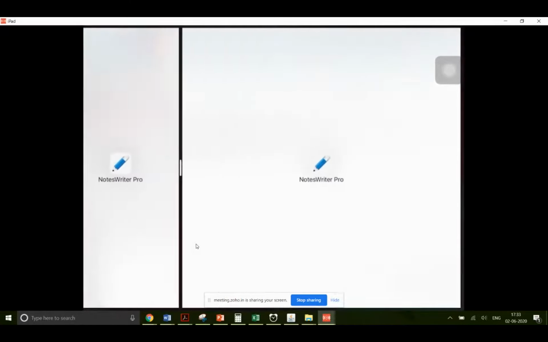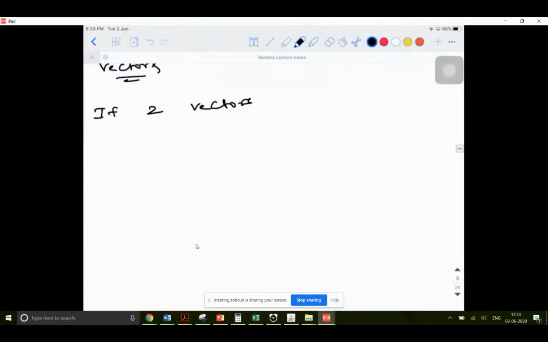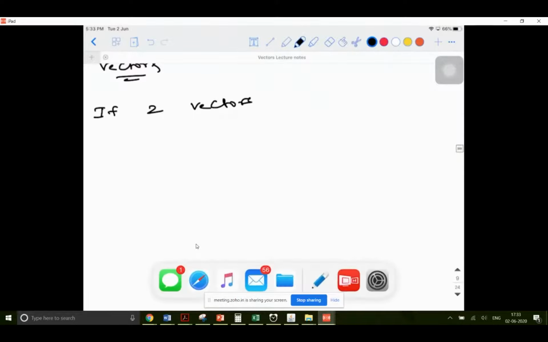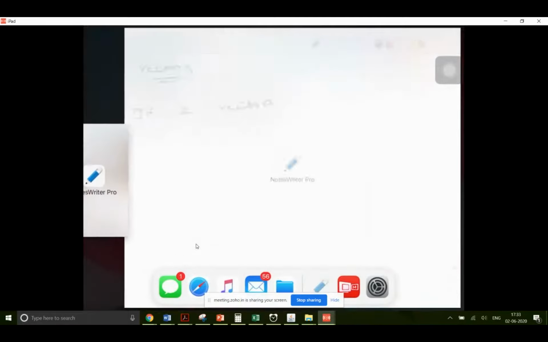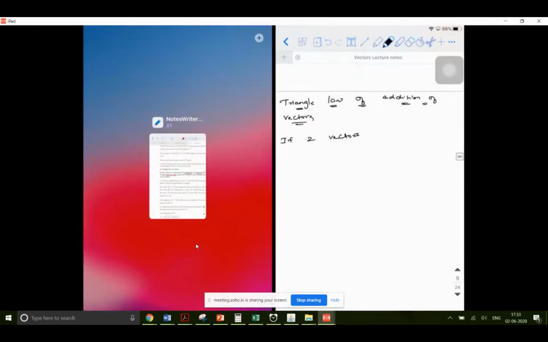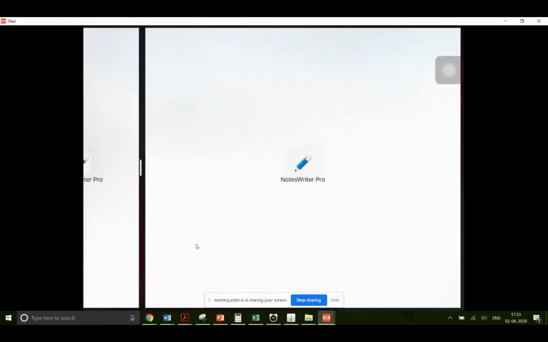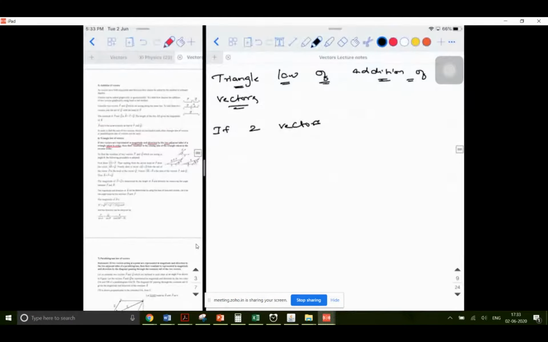Let me explain what it means in a diagrammatic format. So listen. The statement says if two vectors are taken in order, that is what is important.